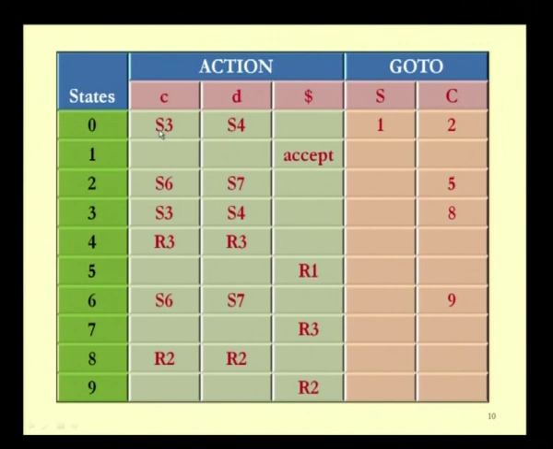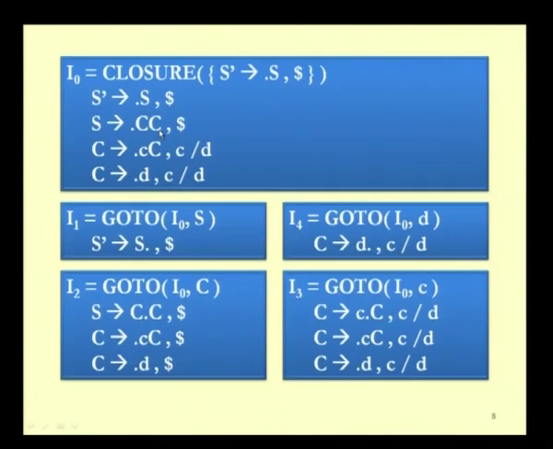Since we have the item C derives .cC, comma c or d, in the state I0, and goto of 0 comma c goes to I3 and goto of 0 comma d goes to I4.